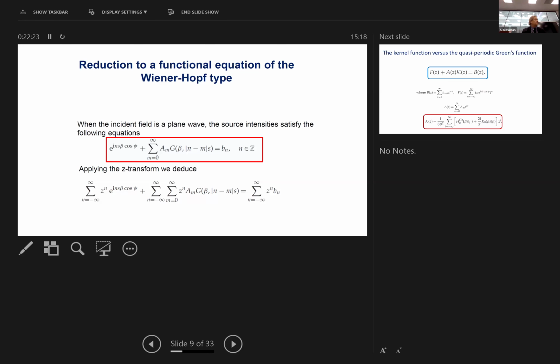But because I know the fundamental solution, I know G, I can write a very simple relation. And here you have, this is your incident wave, this is your scattered wave, that's the resulting magnitude at the points which you have identified.